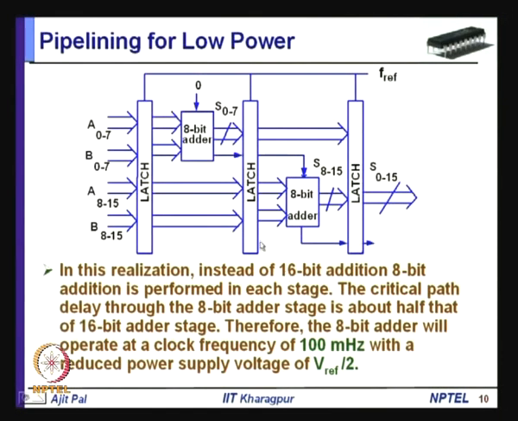But what we shall discuss is how pipelining can be used to achieve lower power, not pipelining for performance, but pipelining for low power. Let us see how it can be done. Let us go back to our original example, that means performing 16-bit addition, and here is the pipeline implementation of 16-bit addition.